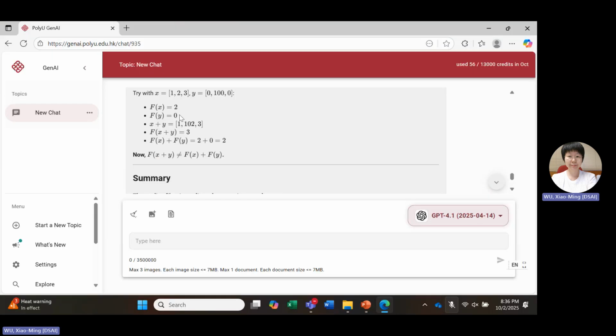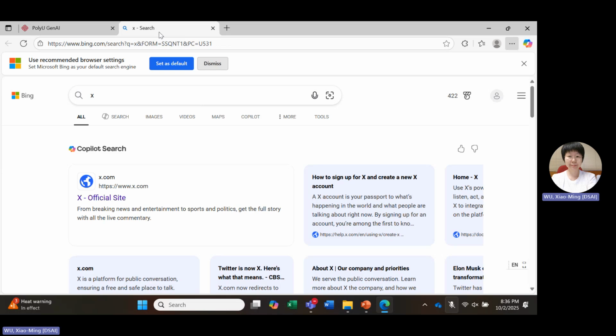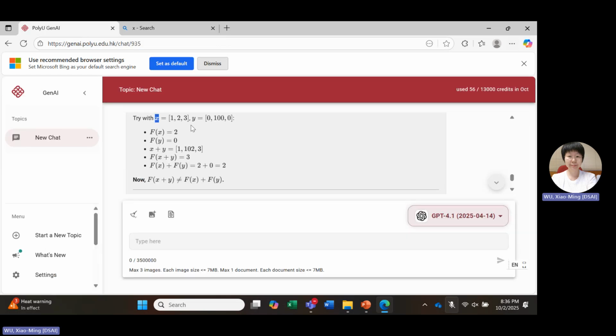Let's ask GPT. Let's try this. Okay. So we have, for example, this image and this image. For the X vector, the median filter will return 2. For the second vector, 0, 100, 0, it will return 0. Clear? Right? And if we add up X and Y, it gives 1, 102, and 3.